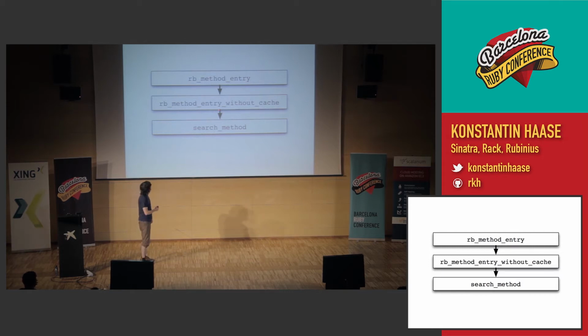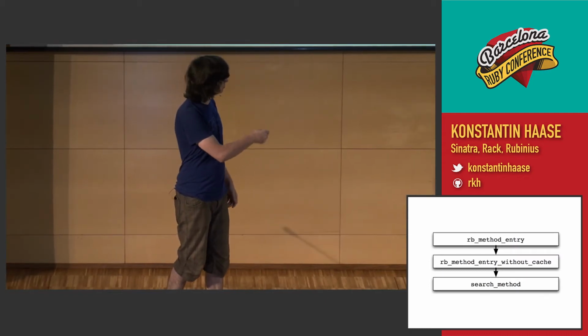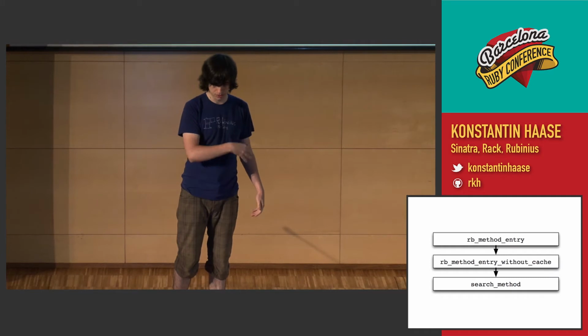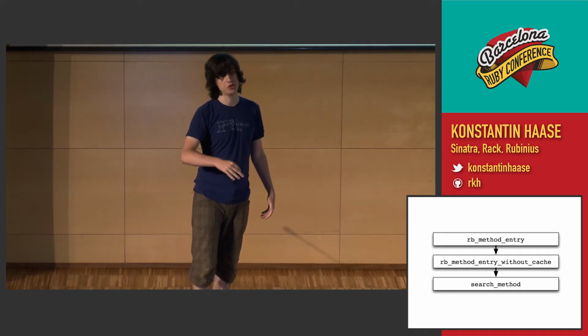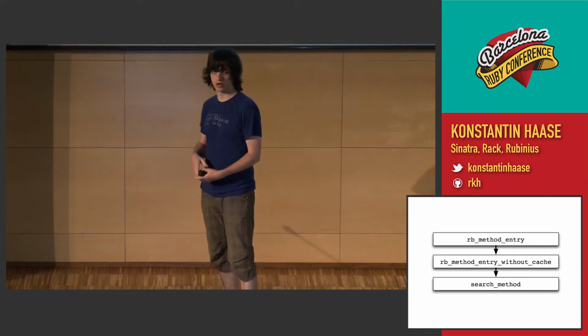That will then call rb_method_entry_without_cache, which, if it hasn't cached it (so that's basically a lookup cache implemented right up here), will in turn call the internal Ruby C method search_method, which actually has the lookup we are all used to.